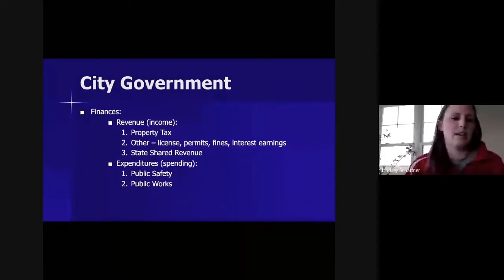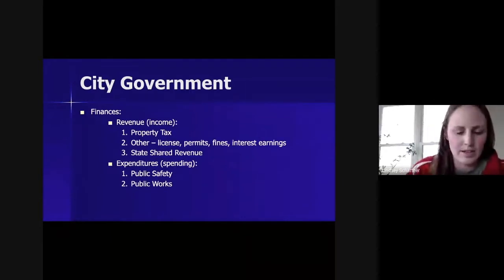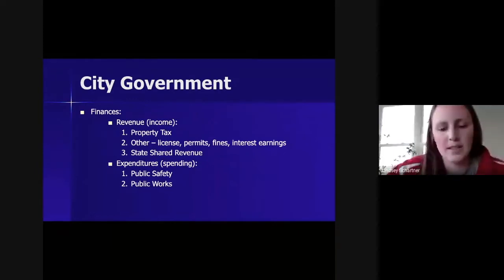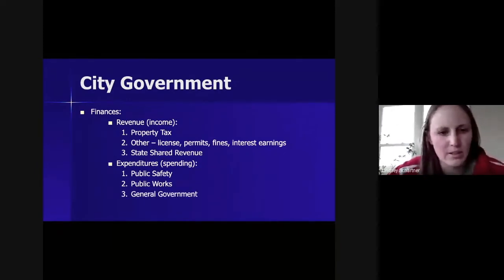And then at our local levels, as we get smaller here with our villages and towns, going to be fewer. They're going to borrow or overlap from the cities and the counties. Okay. Then the other one again is just our general government. So the functioning of the government in the city, the paying for your executives, your legislators, your judicial people, and just the everyday operations of running a government.